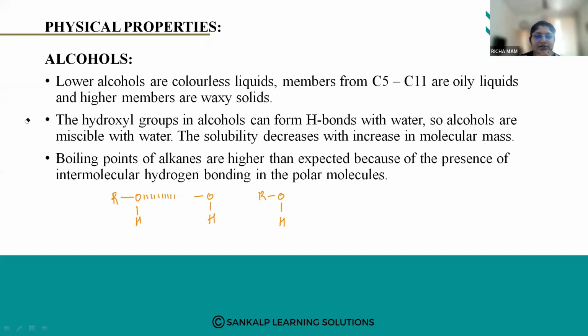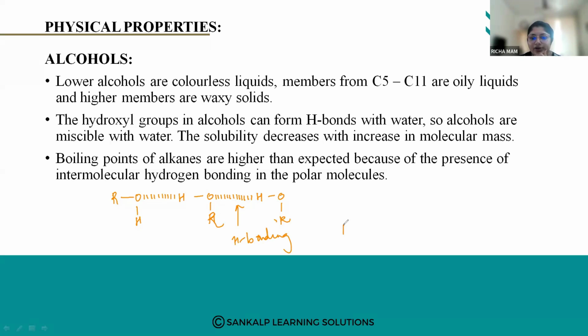Let me write it like this: H, O, R, then again O, then here H and R, like this. So this is hydrogen bonding. Hydrogen bonding is present between these alcohol molecules, right?